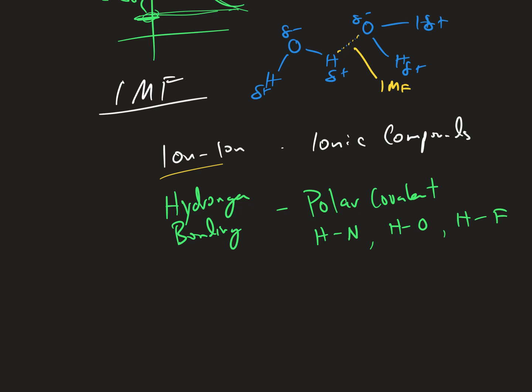So if we have a polar molecule, do you remember how to tell if it's polar? Look at your molecular geometry and see if you can do the line test. But if it has lone pairs around the central atom, then it's polar, right?